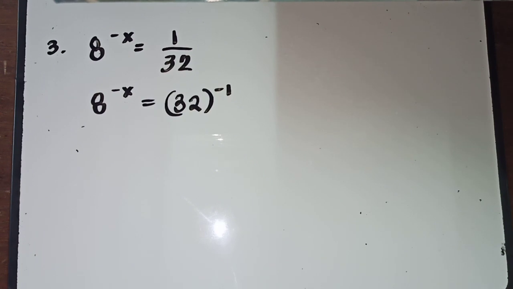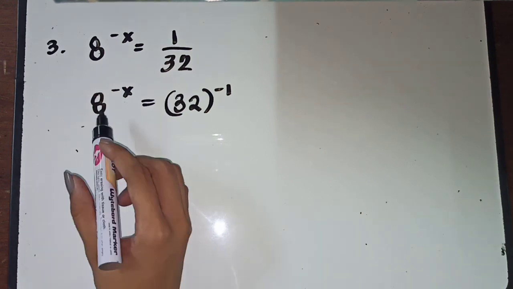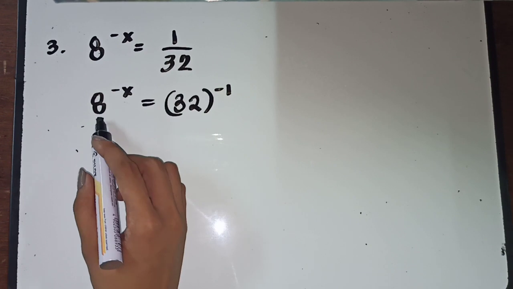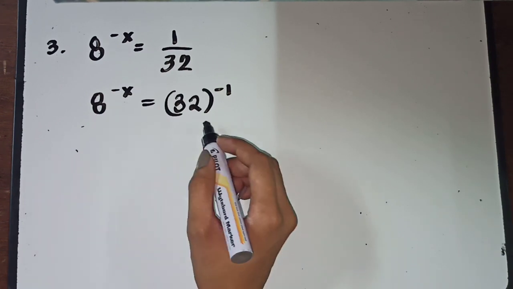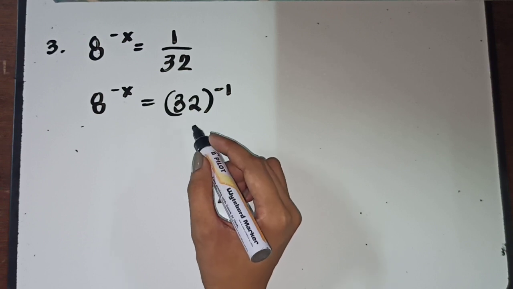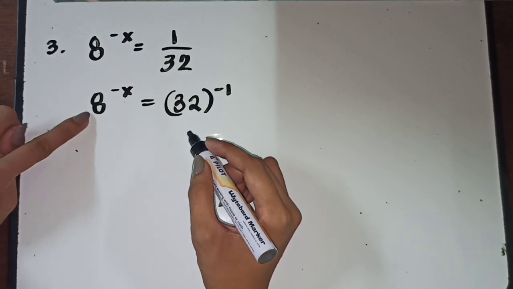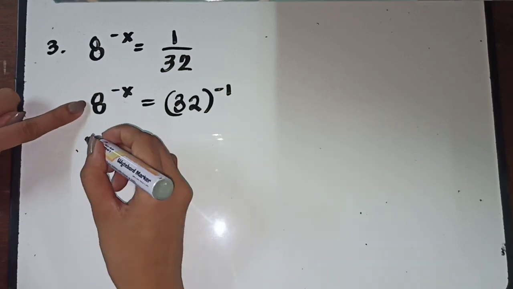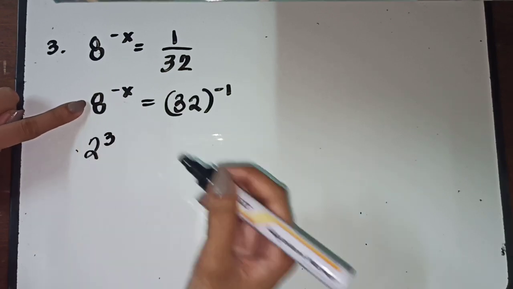Okay, so again, ang kailangan natin is maging equal ang base. So, kailangan nating hanapin yung exponential form ni 8 at exponential form ni 32 nang mayroon silang magkatulad na base. This 8 is also equal to 2 raised to 3.